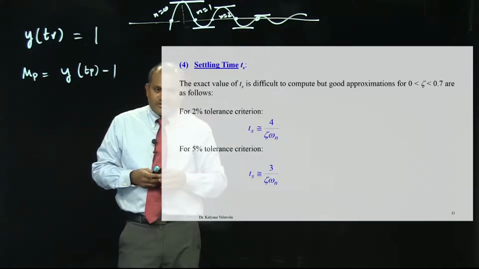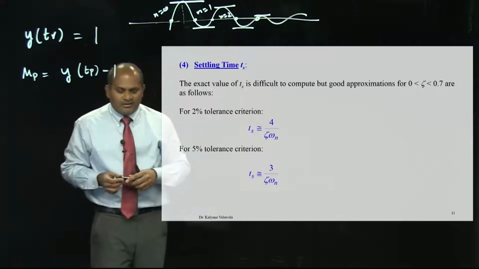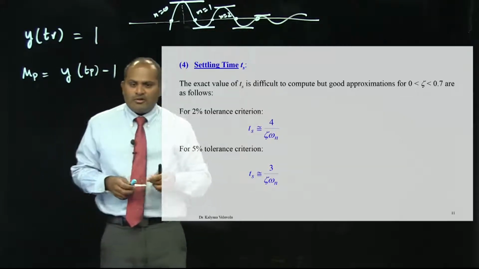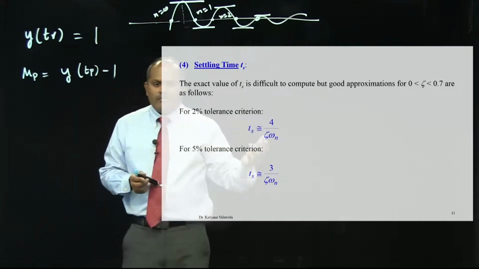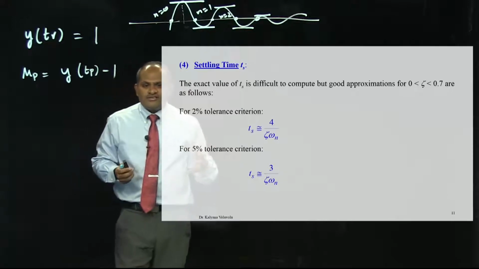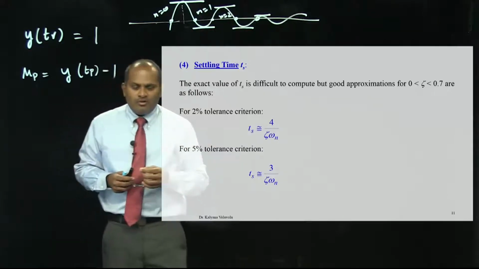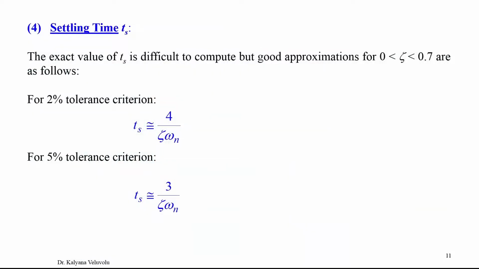Then the last expression is settling time. Settling time is pretty difficult to actually compute, so we are not going to get the exact value. Instead, we have approximations. The exact value of Ts is difficult to compute, but good approximations for 0 less than eta less than 0.7 are as follows. These are common expressions used for settling time.